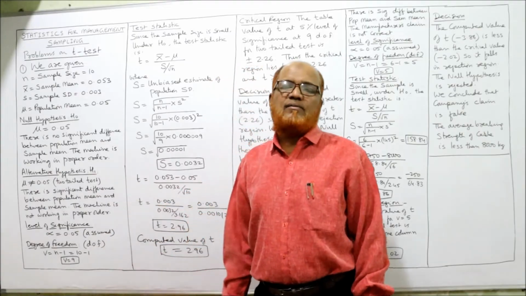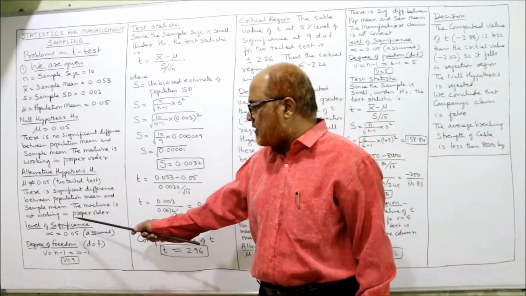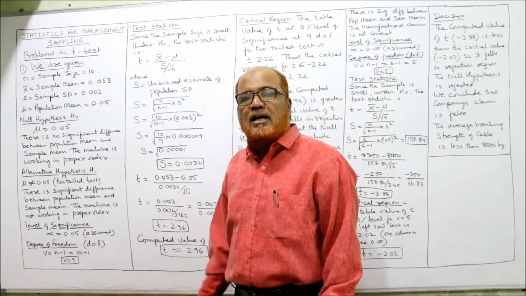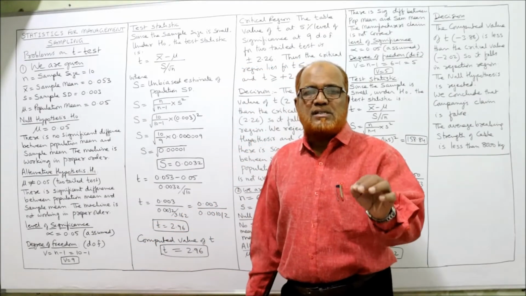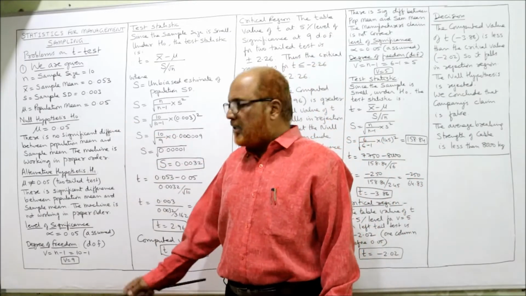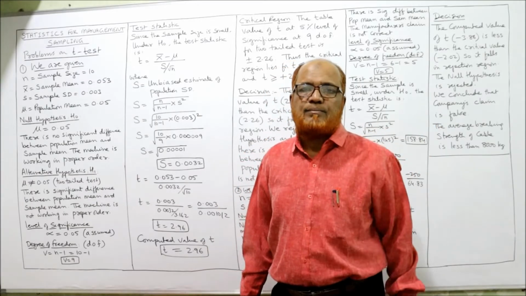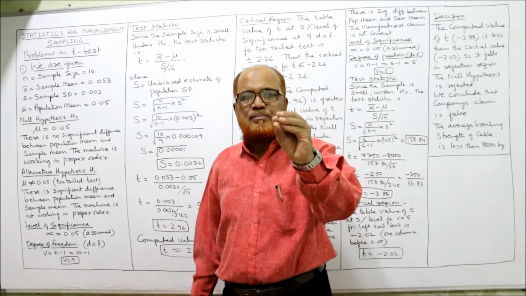Second step, level of significance. It is not given in the problem, so we assumed 0.05. Third step, degree of freedom. This is the new step required in t-test. This degree of freedom step was not there in z-test. So in z-test only 5 steps.